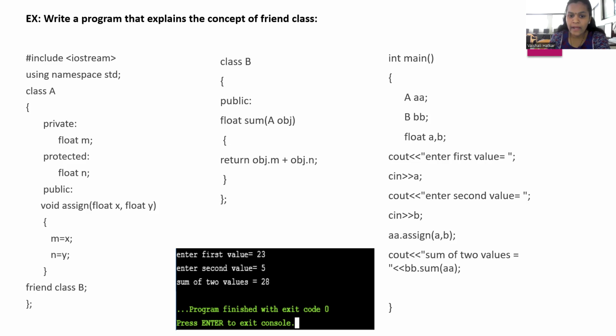Without declaring m and n in class B, we are accessing those variables from class A.